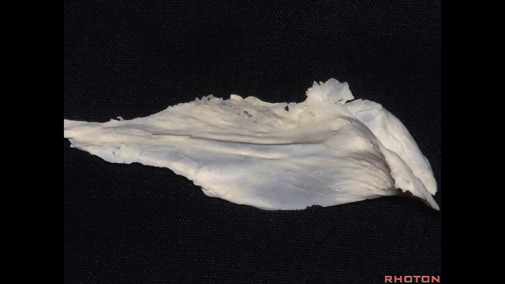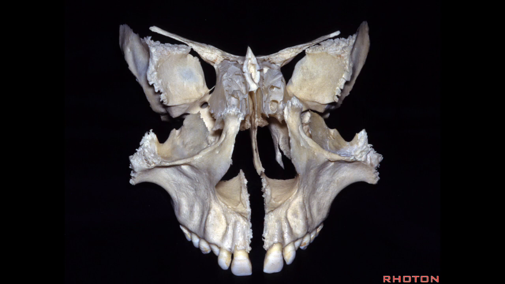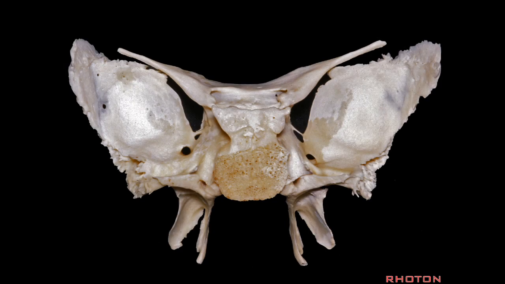Here we see a vomer, and we look now across the maxillary bone. We see the vomer, the perpendicular plate, and looking at the sphenoid bone from posteriorly, what is this opening?